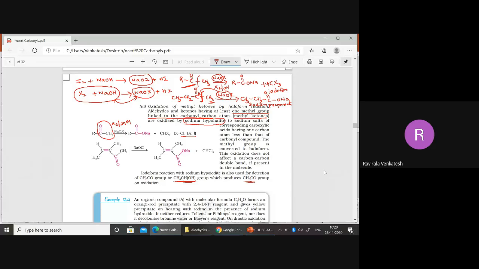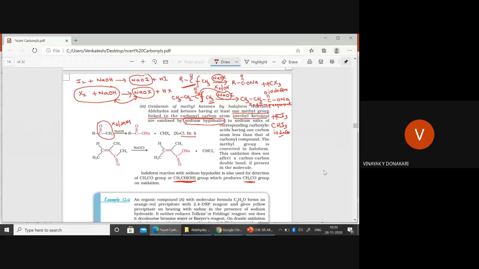Next, this CH3 will convert into CHI3, as three hydrogens are replaced by iodine. This is called iodoform. Therefore, it is called the iodoform test. Understood? Very simple or not?